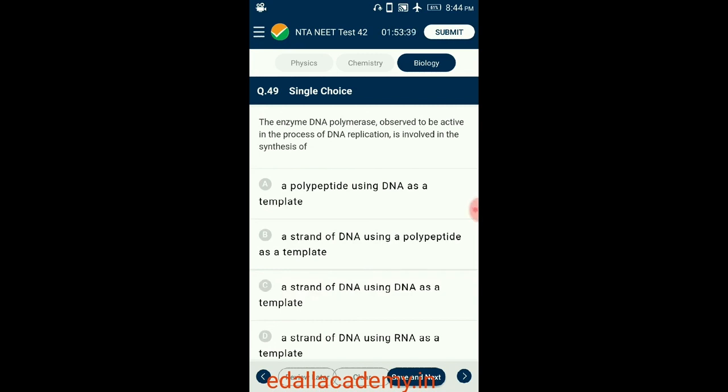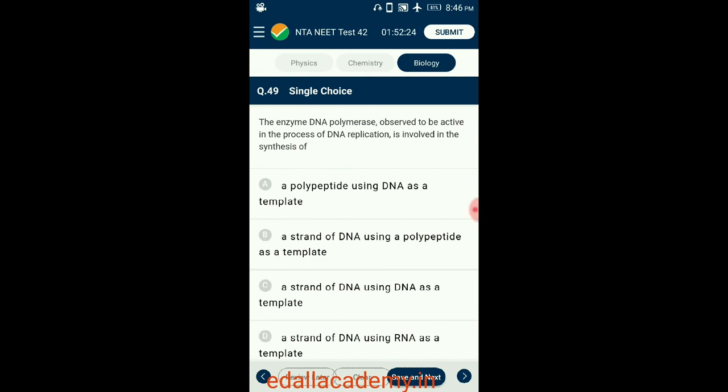The enzyme DNA polymerase observed to be active in the process of DNA replication is involved in the synthesis of a strand of DNA using DNA as template. DNA polymerase is a polypeptide acting as a biocatalyst. This enzyme is required to make a new strand of DNA in the DNA replication process. For it to work efficiently, it requires a template.